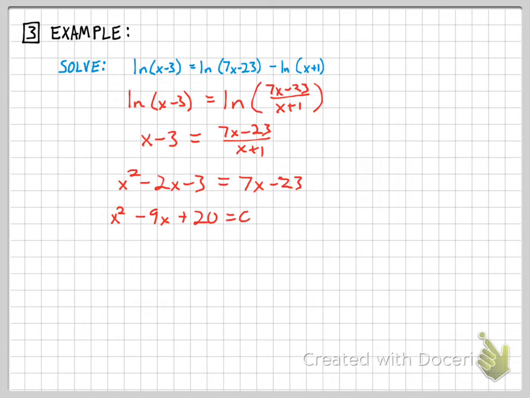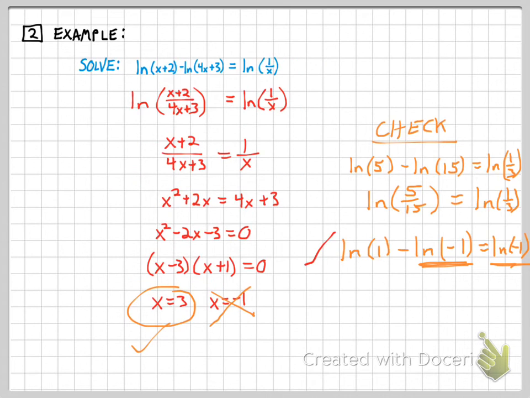And this is also something that factors pretty easily. I get x minus 4 and x minus 5. Initial solutions are x equals 4 and x equals 5.